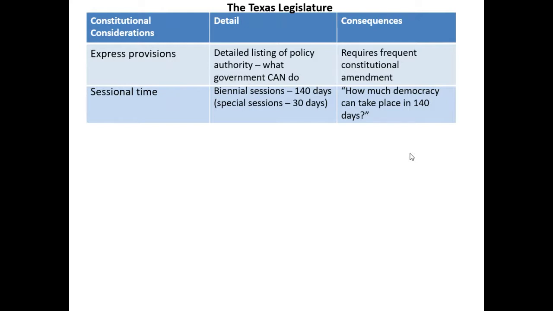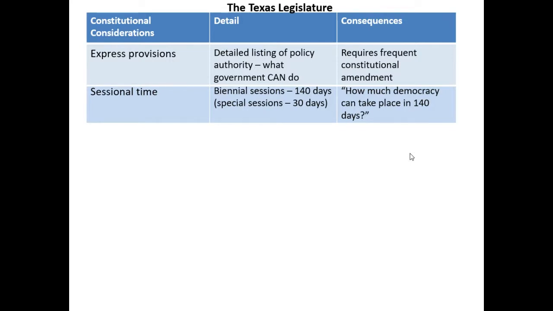is likely to happen when you have this looming deadline and a budget that you have to pass, which, by the way, in Texas is for 2 years. It's not like at the national level or in many other states where you budget from year to year. Imagine you as an individual trying to budget for 2 years. At the beginning, you know how much money you have, and you're going to try to make that last over a 2-year period.